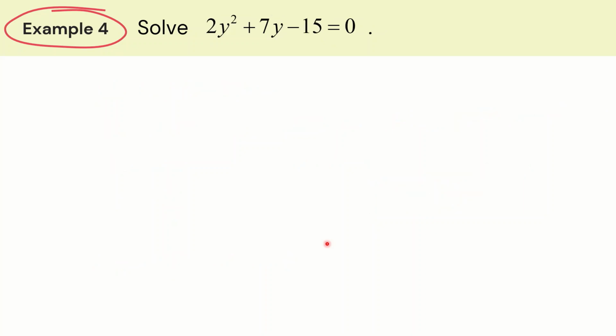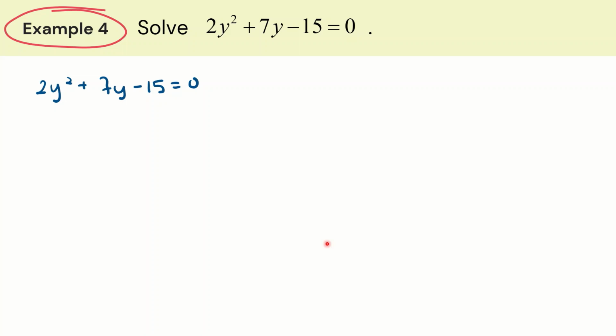Next, we look at example 4, where we want to solve 2y² + 7y - 15 = 0. So in the past three examples, we see that in order for us to apply our zero product rule, we must have two things multiplying with each other. So with our quadratic equation over here, we recall that any quadratic expression could be factorized using the cross method, or at least as far as we can.